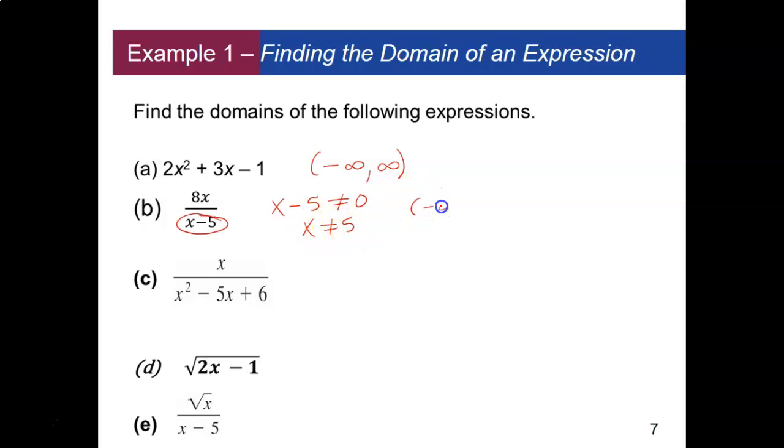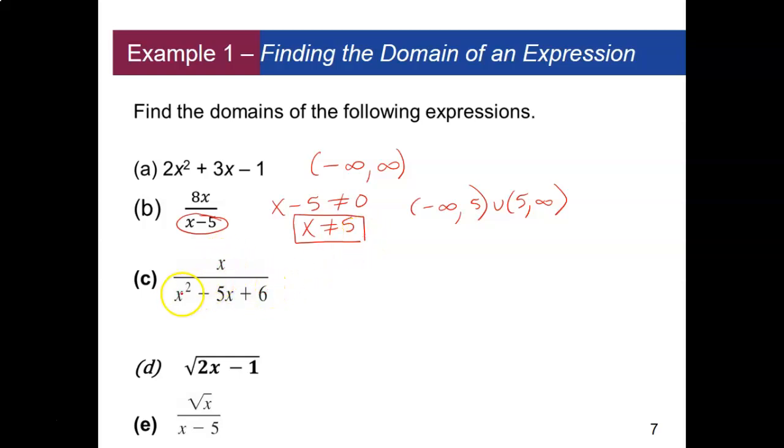So in interval notation, that would be negative infinity to 5 union 5 to infinity. WebAssign is going to expect it usually to be written like this. In general, I think this is probably a more accepted way of writing it, but either will mean the same thing.